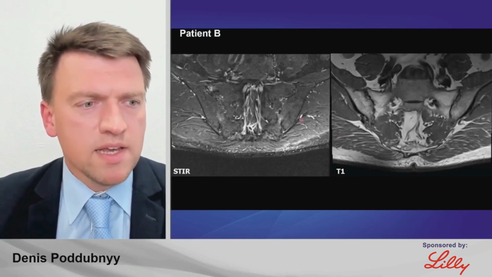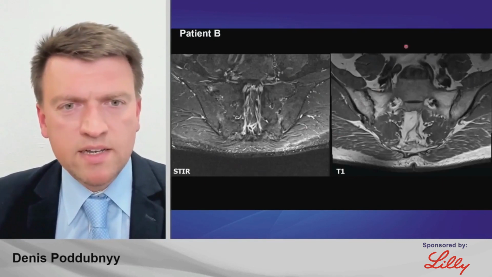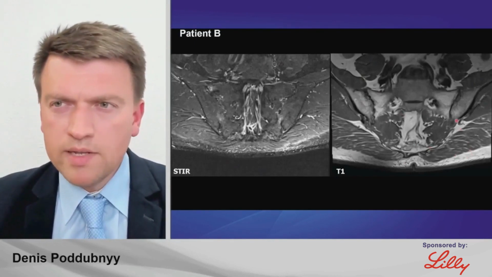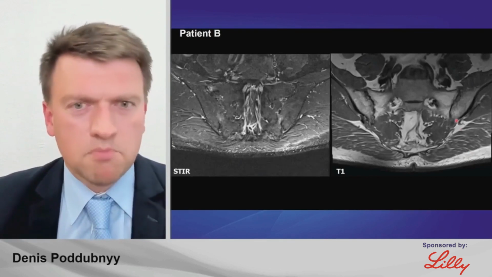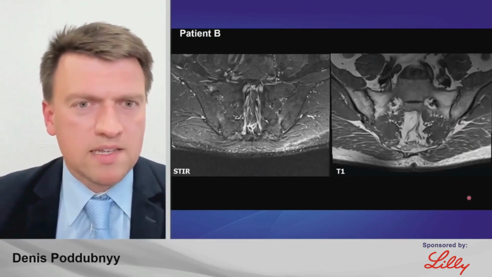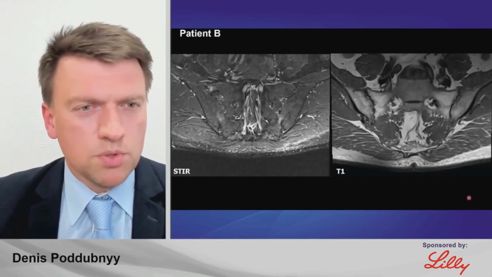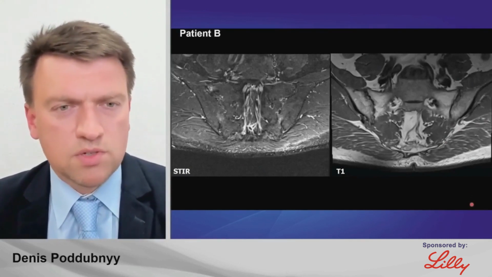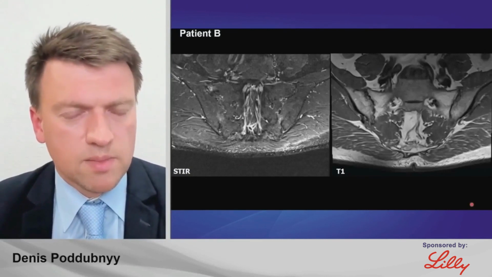In this case, again, you have a STIR picture on the left side and T1 weighted MRI on the right hand side, and you might expect that I will be asking the same question again. Do you think that in this case the diagnosis could be axial spondyloarthritis or something else?